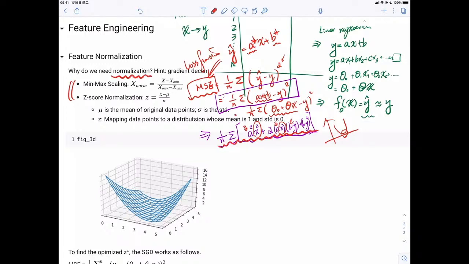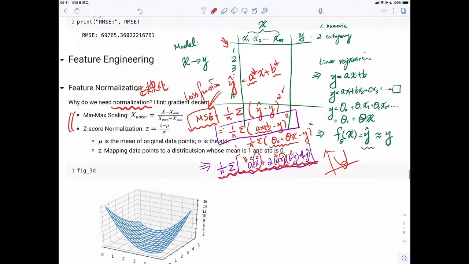Normalization, 中文叫正规化，正规化. What does normalization mean? We have different approaches to perform normalization, and I provide two right here. The first one is min-max scaling, which means you don't use the original xi when you analyze your data. You transform the data to another x.